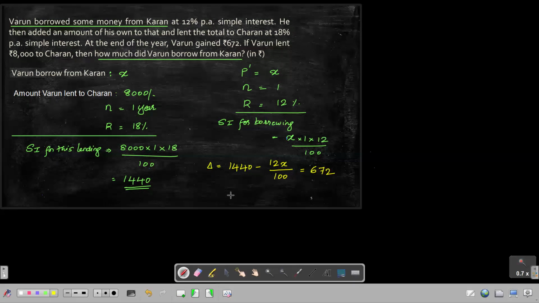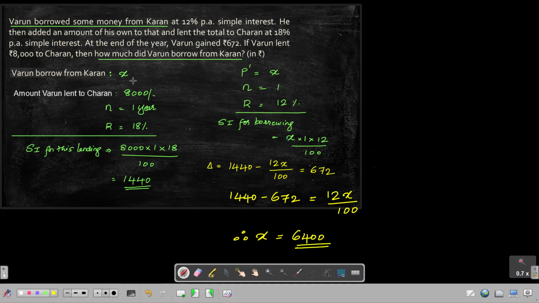So when I am simplifying it, I can say 1440 minus 672 is equal to 12x upon 100. On solving this, I will get the value of x. When I am solving it, I can see that this x comes to 6,400. So the amount that Varun has borrowed from Karan, that x, comes here as 6,400. So for this particular question, the final answer is 6400.